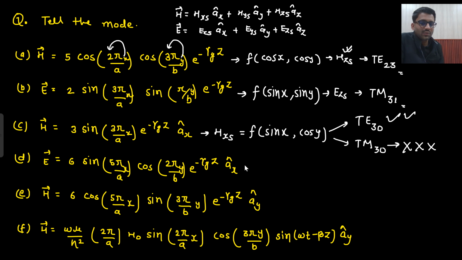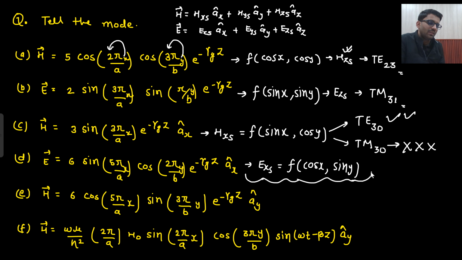What is this? This is your Ex. And do you remember Ex is a function of cos x sin y. What they have given? Sin x cos y. Is that possible? So this expression is not even possible. Why is it not possible?